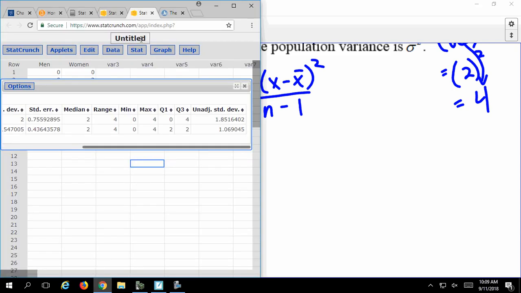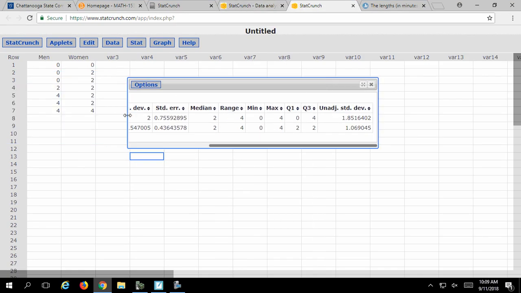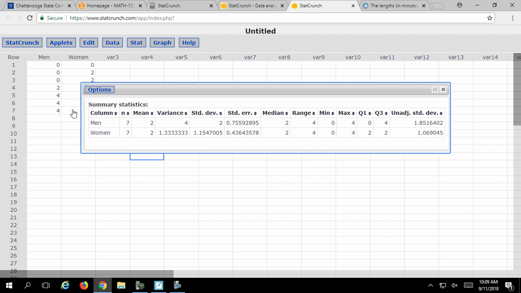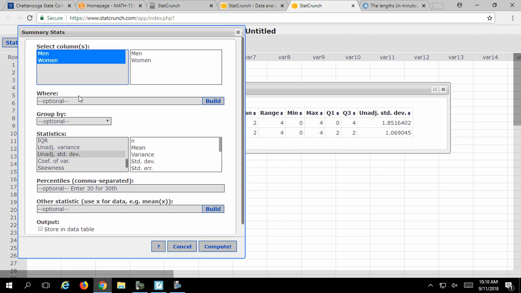So in our StatCrunch example here, I'm going to go to Options, Edit, and I'm also going to add the unadjusted variance. So if you need the population variance, you want the unadjusted variance.